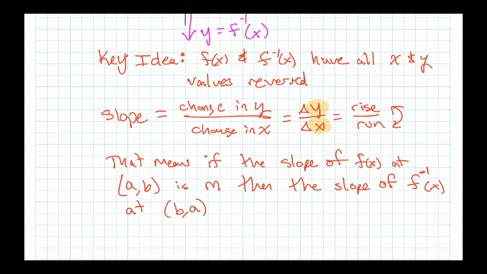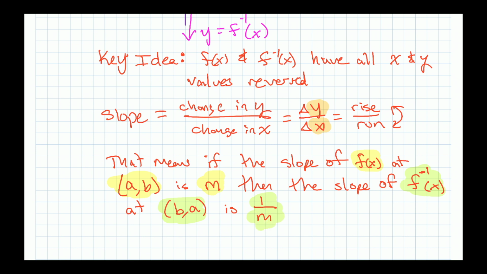The slope of f inverse of x at b comma a is going to be what? Well, it should be related to the old slope. The old slope at a comma b is m. You go to the inverse, f inverse at b comma a, and the slope is going to be 1 over m.